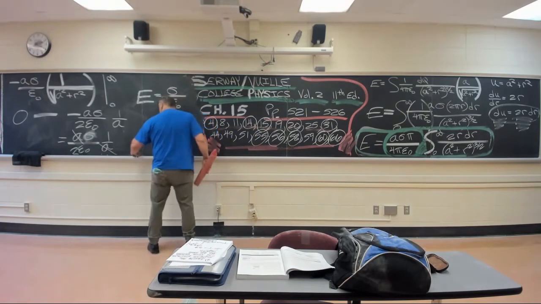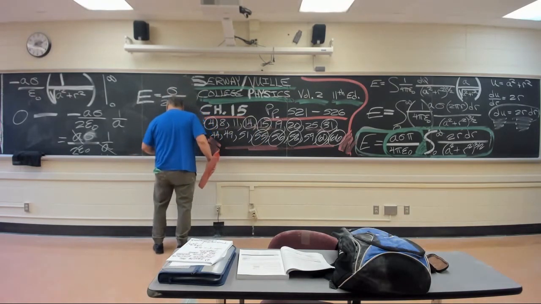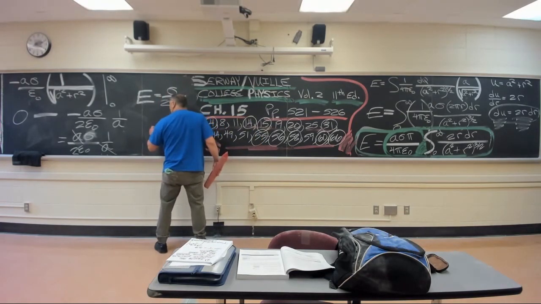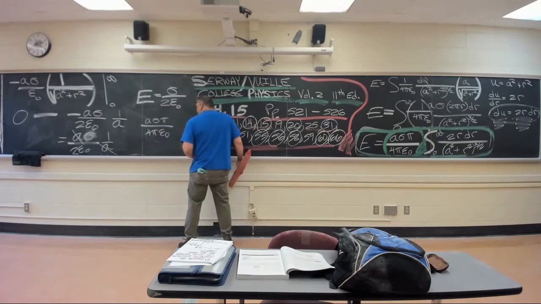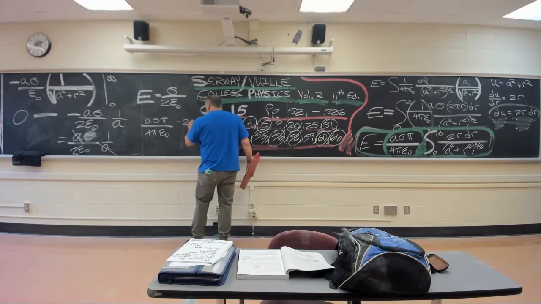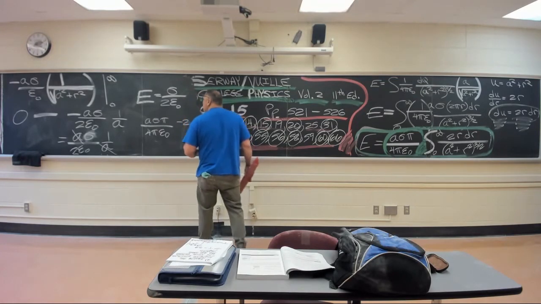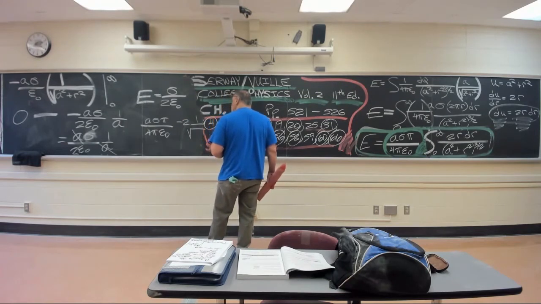When I canceled, guys, there was the sigma over 4 pi epsilon naught, and then I had a negative 2 over here when I did that. I was just trying to figure out what exactly I'd said.